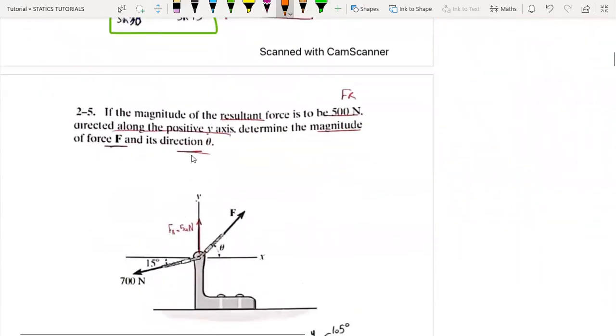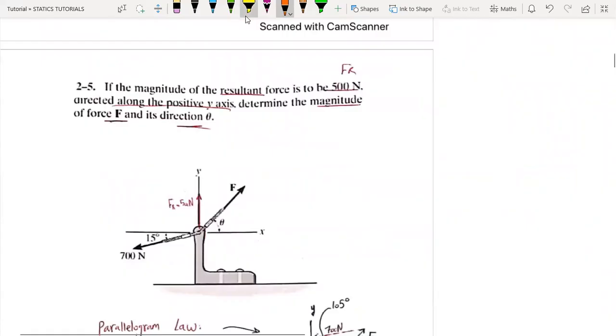Also, we have another example here about the parallelogram and triangular rule. With the magnitude of the resultant force Fr to be 500 newtons, directed along the positive y-axis. So here is the positive y-axis, and the resultant force is directed along it.